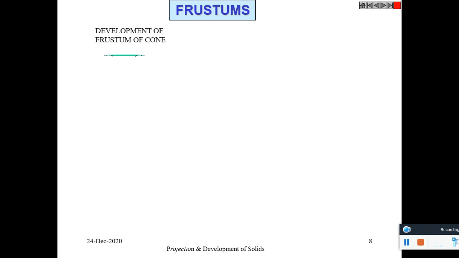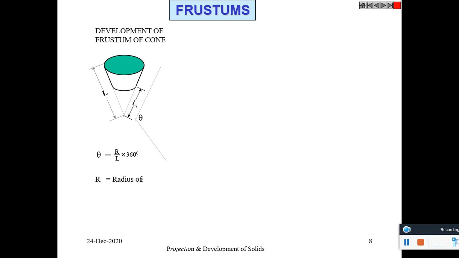Frustums, development of frustum of a cone. So this is the slanted length L, and the cut portion is length L1. We can draw the development, where R is the radius of the base circle, L is the slanted length.